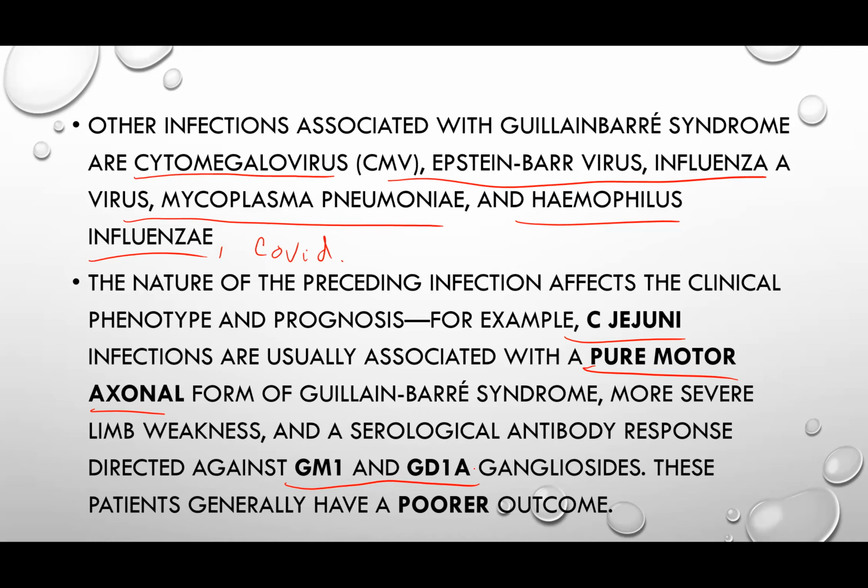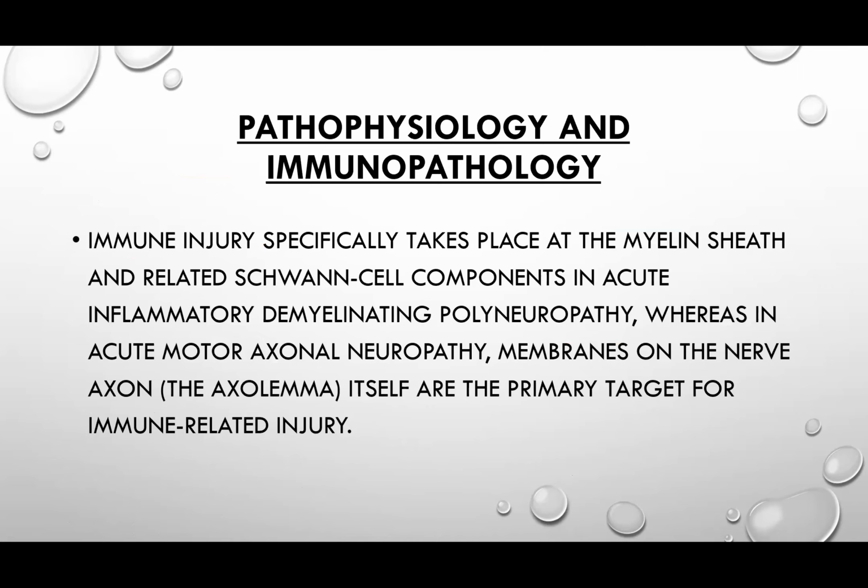This has very severe muscular weakness, with serological markers GM1 and GD1a, and is associated with a poor prognosis, unlike the progressive sensory type.